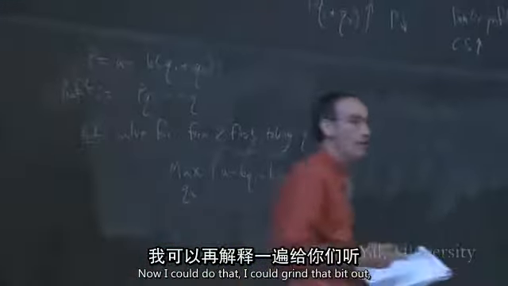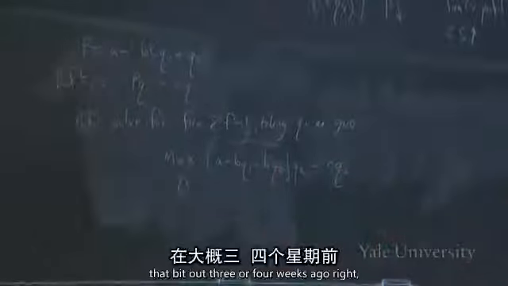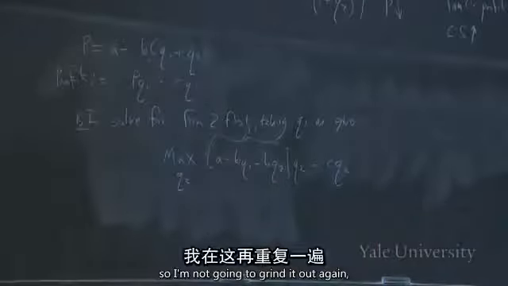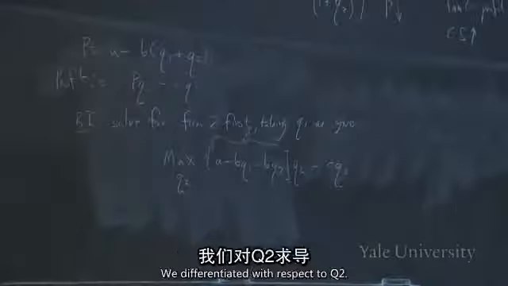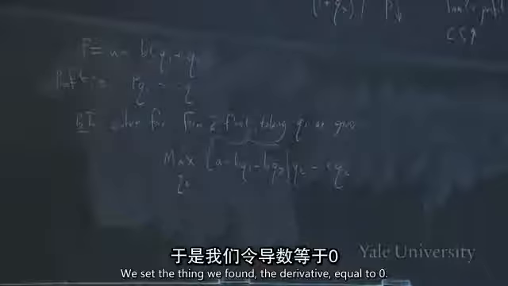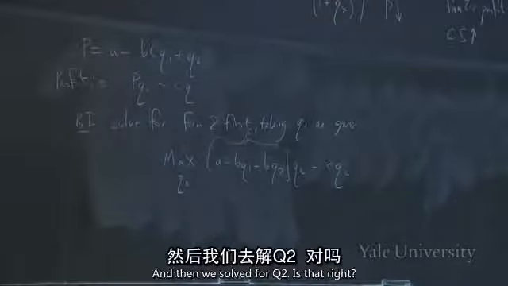Now I could grind that bit out, but we already ground that out three or four weeks ago, so I'm not going to grind it out again. We know how to do that. But let's just remind ourselves what we did. We differentiated with respect to Q2. We set the derivative equal to 0. That was our first order condition. And then we solved for Q2.